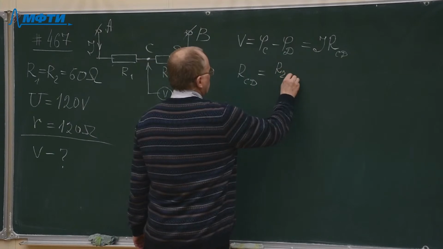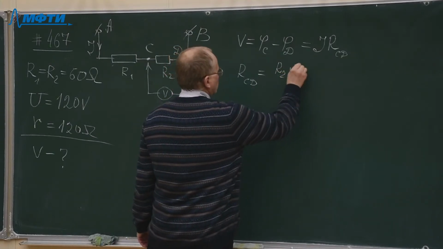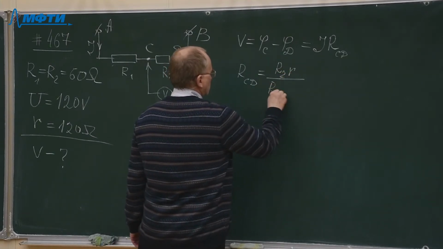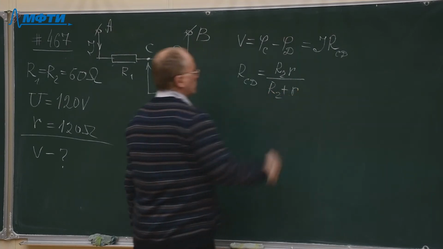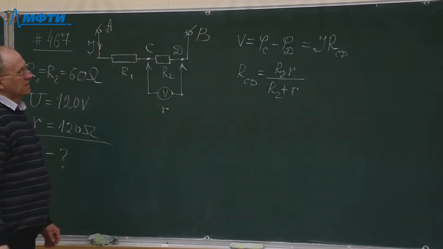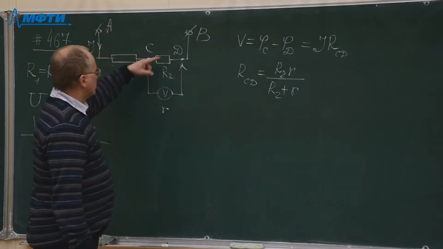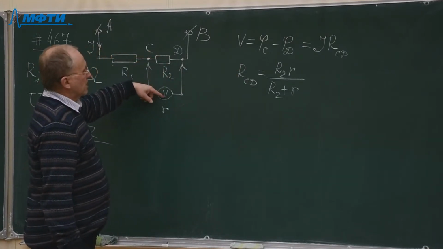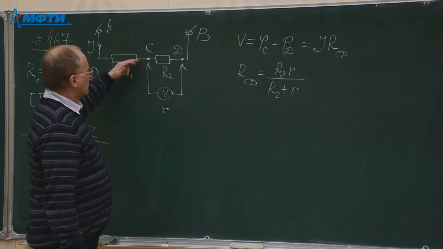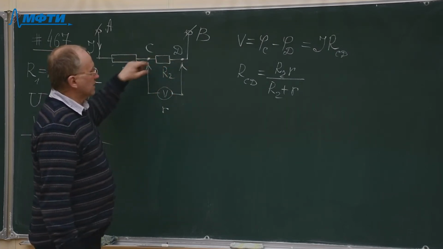It will be R2 times the internal resistance of voltmeter, divided by R2 plus the internal resistance of voltmeter, as the resistance of 2 resistors connected in parallel, the total resistance between points C and D.